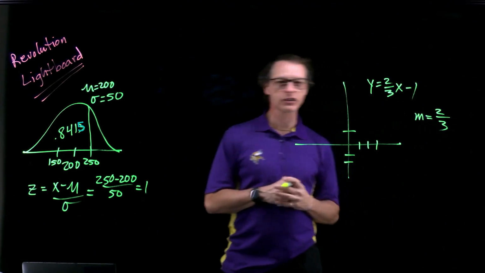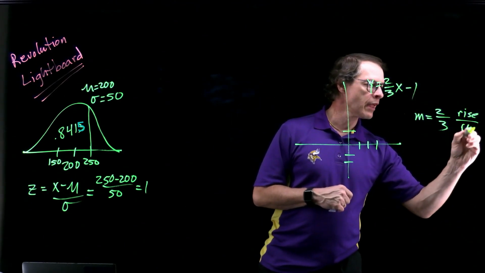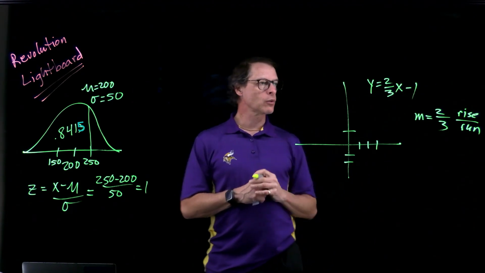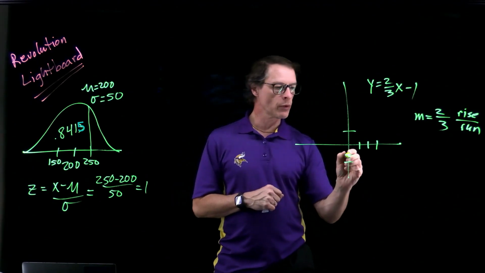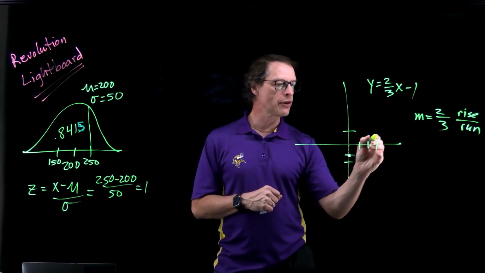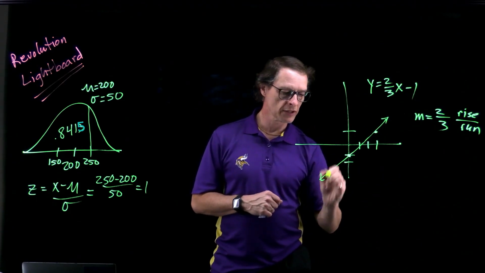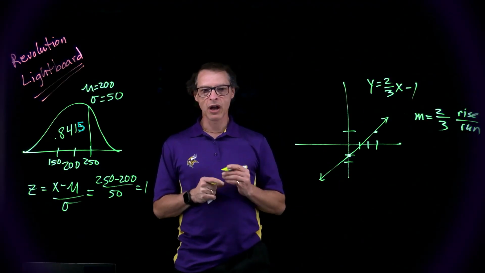And so we teach our slopes that that's rise over run. And we're starting when x equals 0, y equals -1. And so the point 0, -1, we rise 2, and we run 3. And so this is the line that we're creating. Okay, and so a couple different examples of how we can utilize the board.